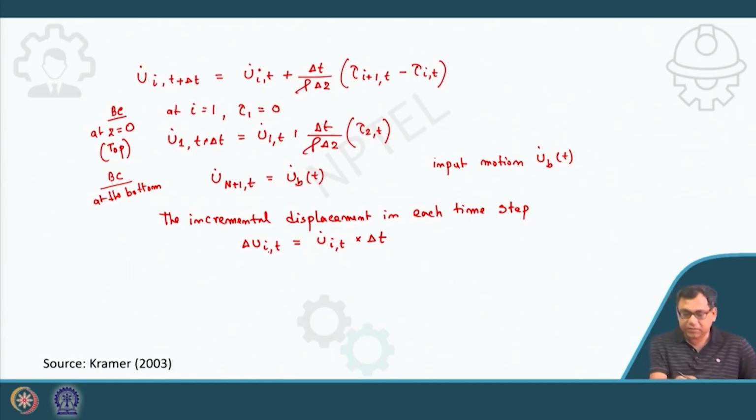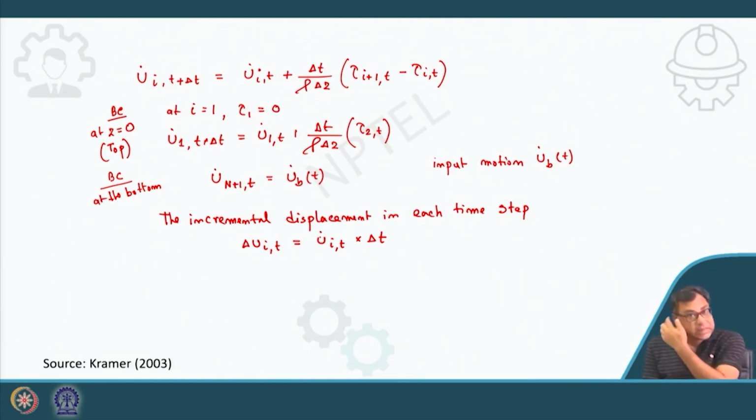Because I have derived this equation. Now, in this equation, if you apply these two boundary conditions, then from the bedrock motion input you can calculate the u dot value at any point, at any i, at any time interval.